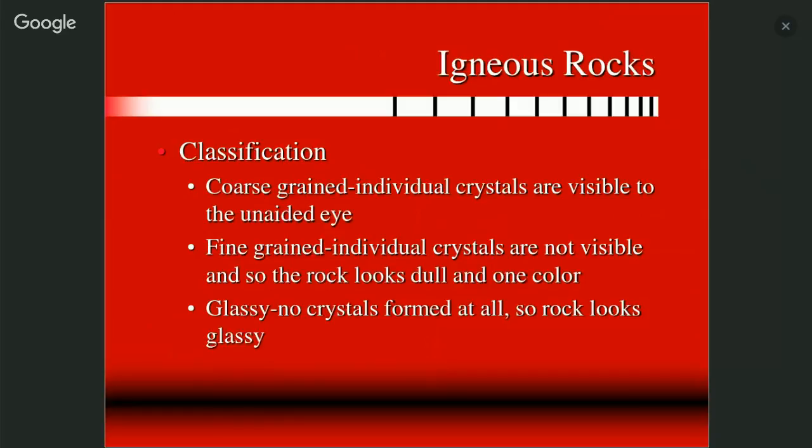So you'd need a microscope to be able to see those. The rocks tend to look dull or one color, but they do technically have crystals, so they're still intrusive rocks, but they're going to be more quickly formed than the coarse-grained. However, they're going to be slower than the extrusive rocks.